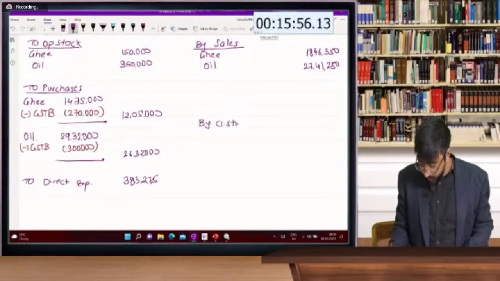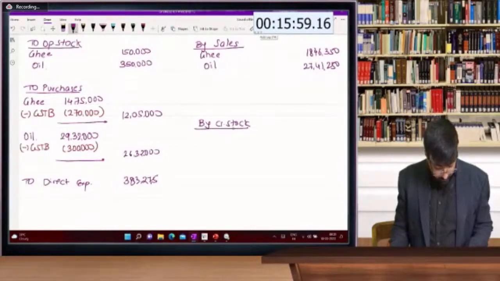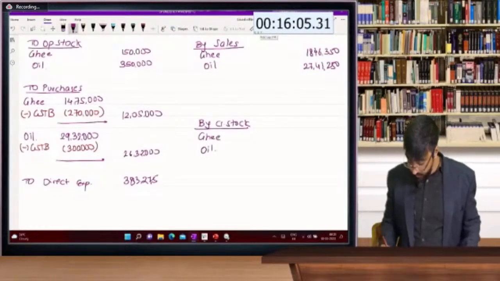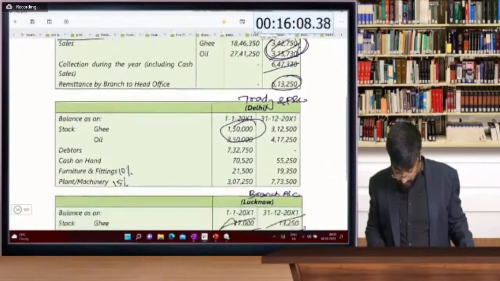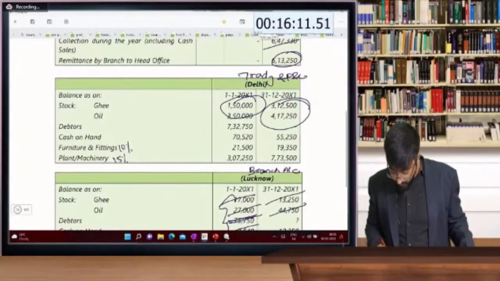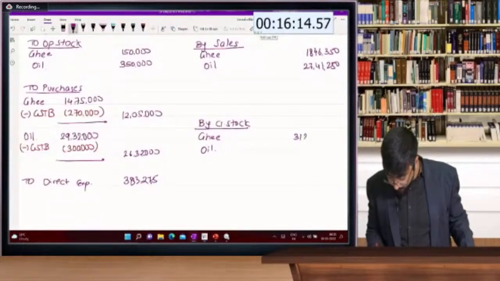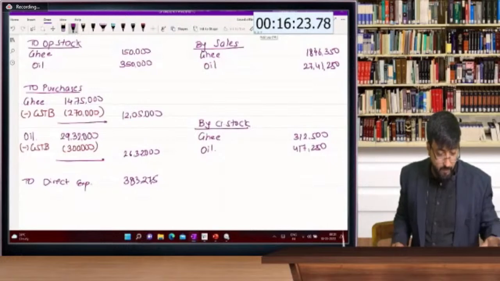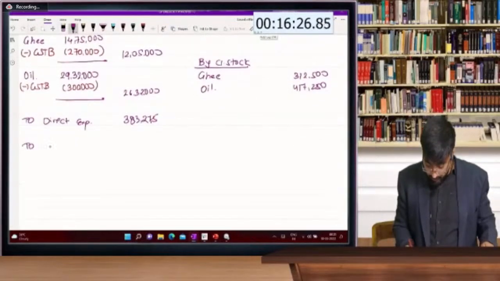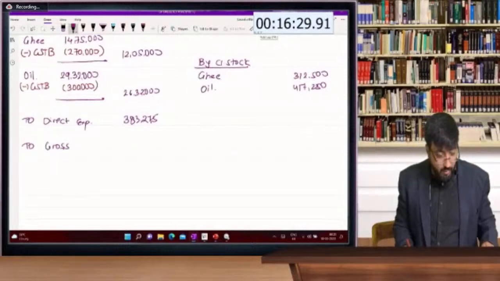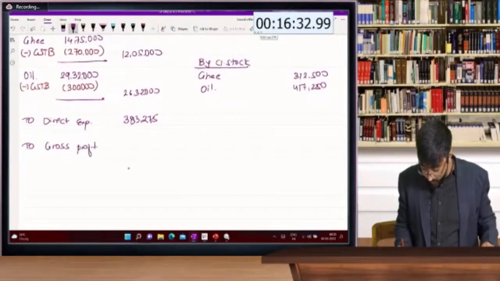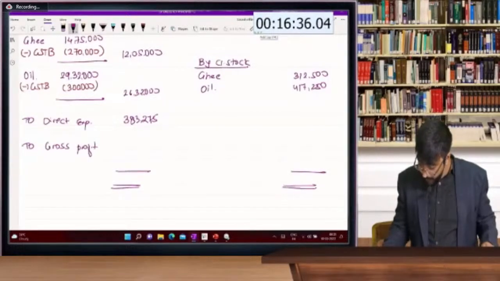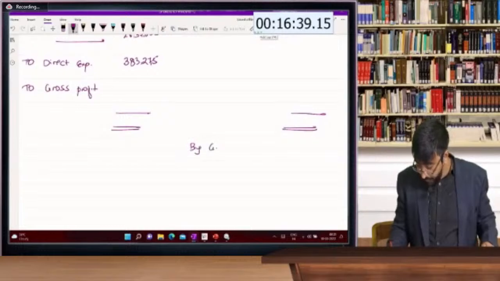By closing stock, ghee oil 312,500, 417,250. By GP brought down.